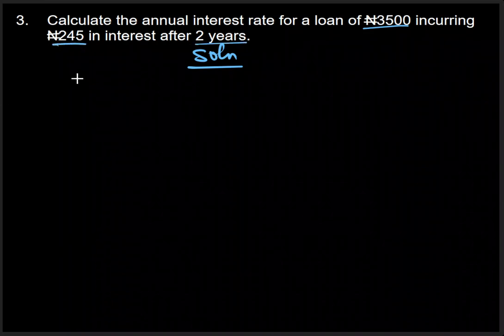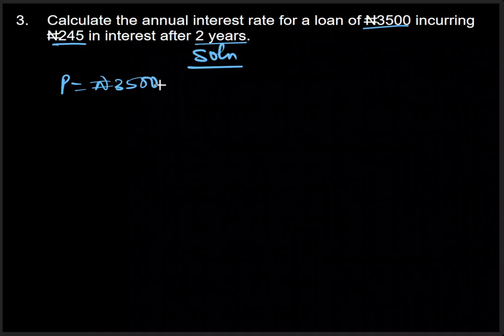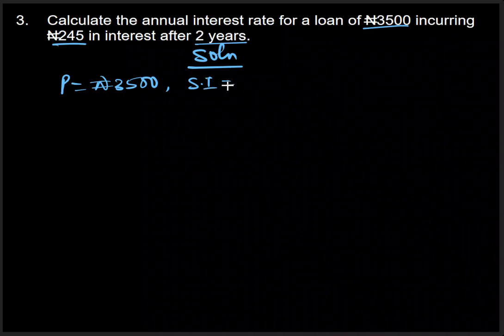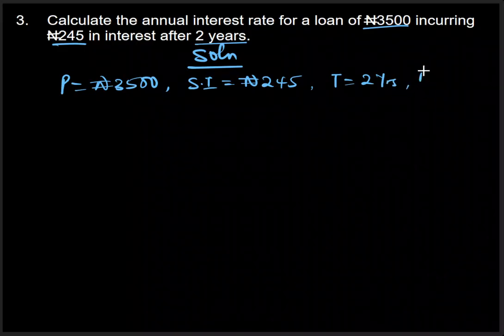All right, so let's see what we get. So principal equal to 3,500 naira. Our simple interest equal to 245 naira, and then our time equal to 2 years, and then our rate is the missing one.